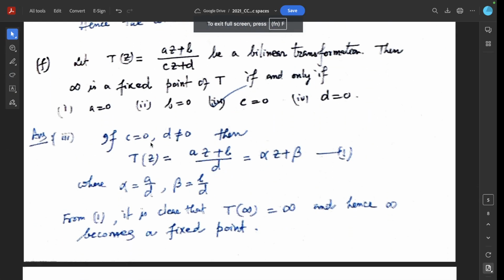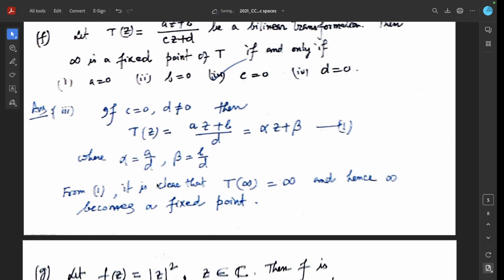If C equal to 0, D not equal to 0, then from this transformation, T(z) = (Az + B) by D. So this is A by D into z plus B by D, which is equal to alpha z plus beta, where alpha is A by D and beta equals B by D.